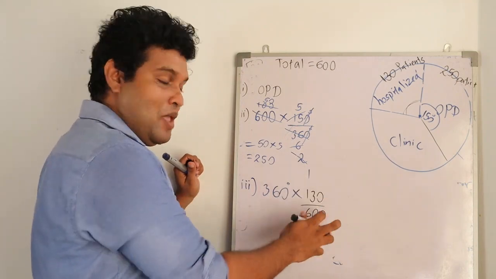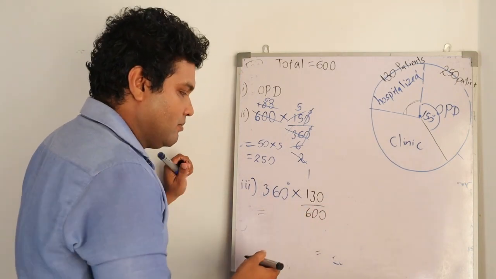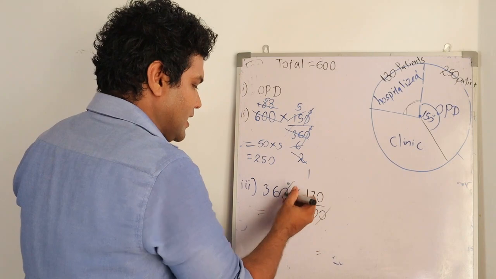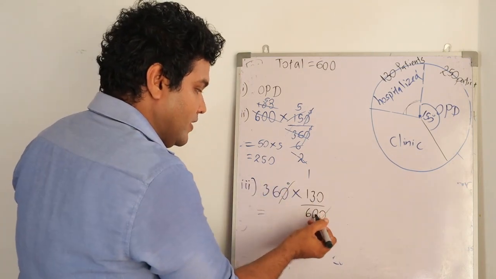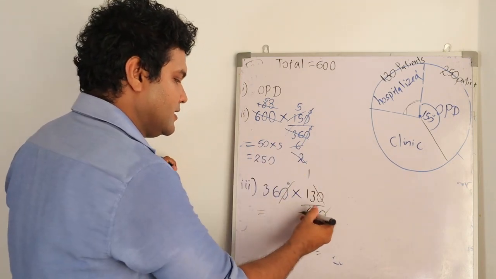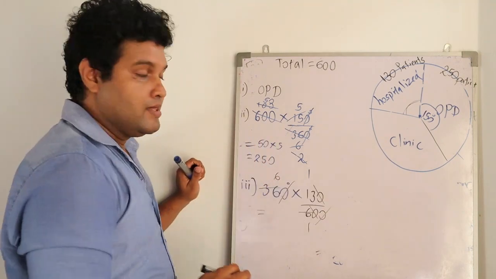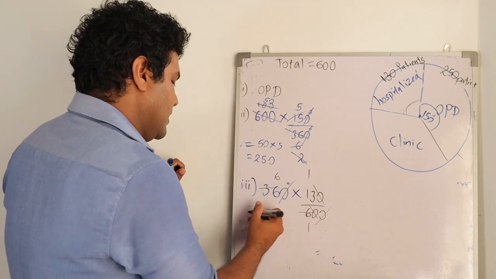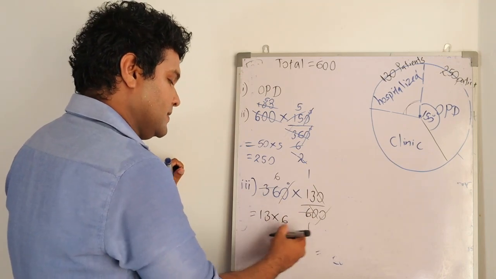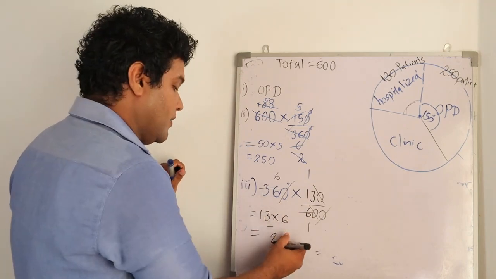Now we simplify. 0 to 0 we can cancel, and again with this 0. And 6 times 1, 6 times 6, this is 6 times 13. The 6 times 13 we have to multiply. 13 times 6, otherwise 6 times 3, 18, with a carry remaining.